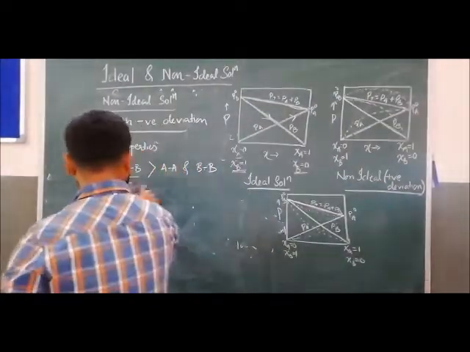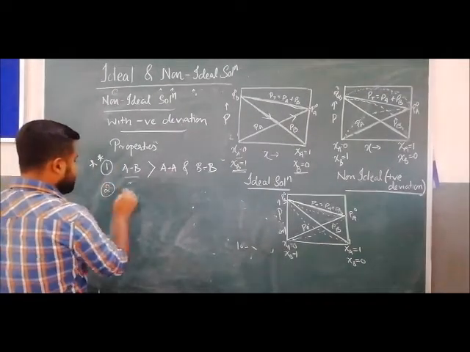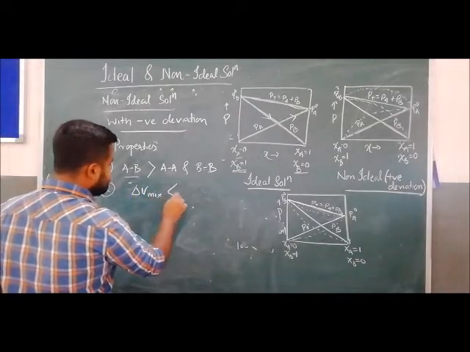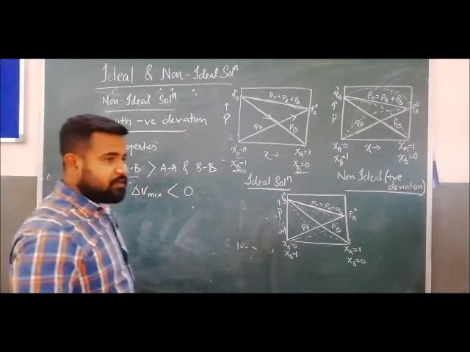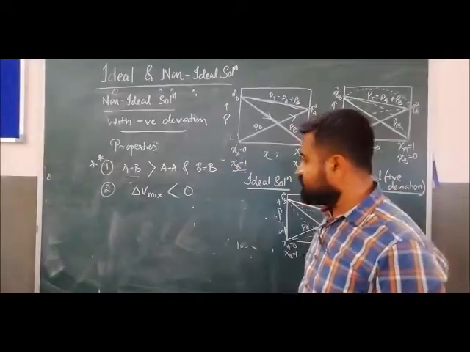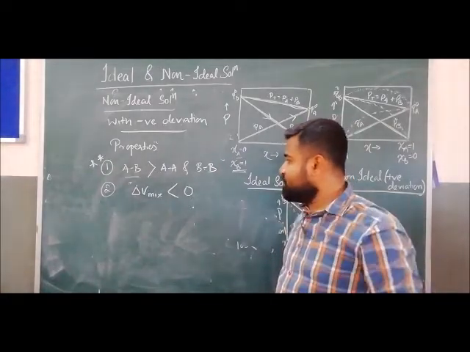Second property: delta V mixing is less than 0. Clear? Delta V mixing is less than 0 means what?